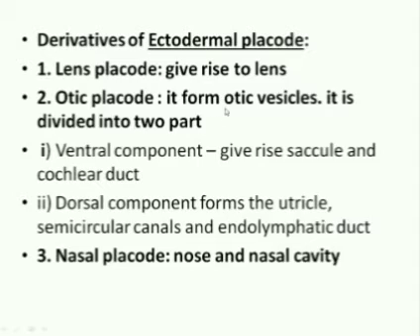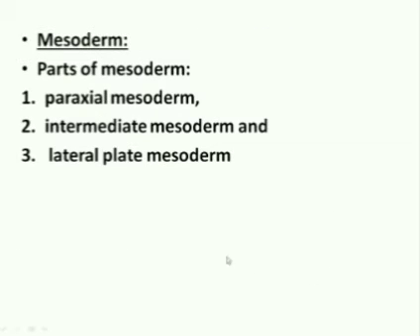Otic placode, from the otic vesicle, is divided into a ventral compartment, which gives rise to the saccule and cochlear duct. You cleared this in your head and neck course. The dorsal component develops the utricle, semicircular canal, and endolymphatic duct. Nasal placode produces the nose and nasal cavity.